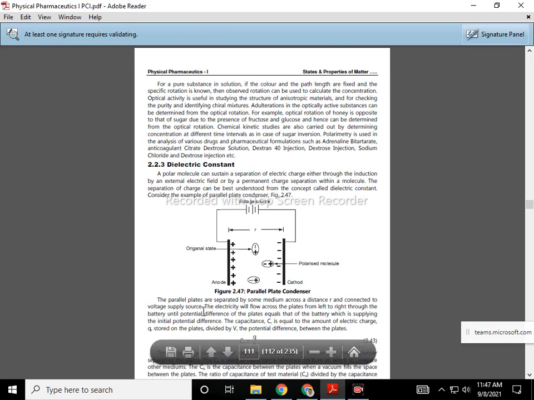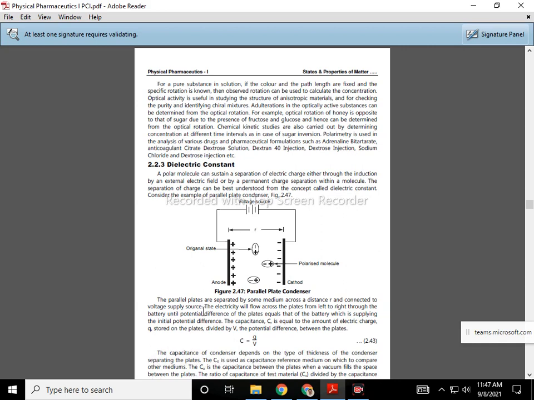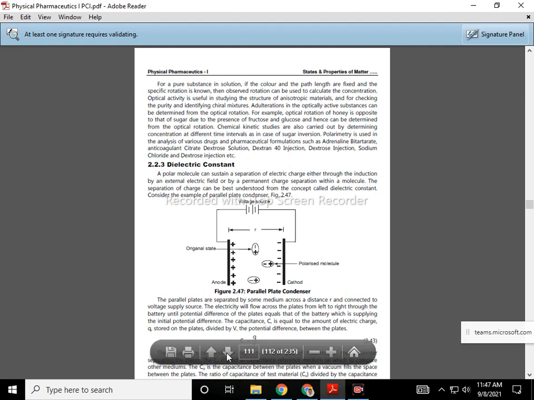C is equal to Q upon V. C is the capacitance of a condenser, V is the volts, the source, and Q is the electrical charge. So capacitance is equal to Q upon V. That will be our basic formula. Now move on to the next.